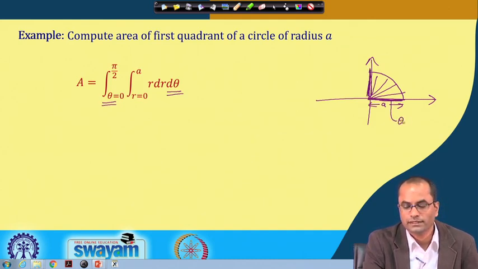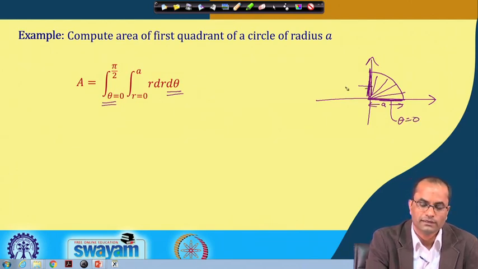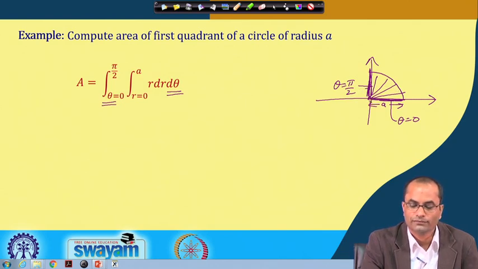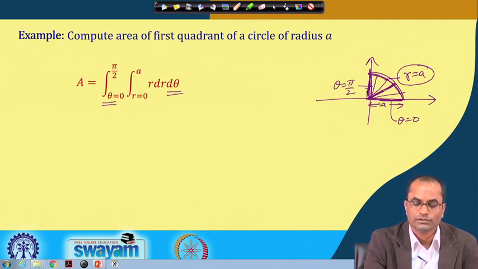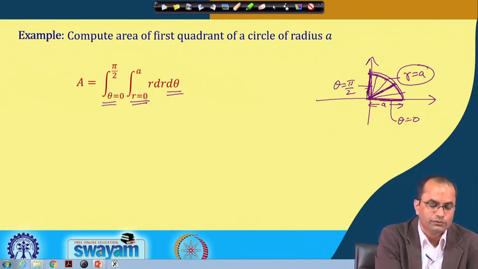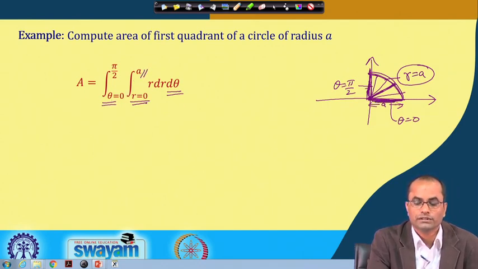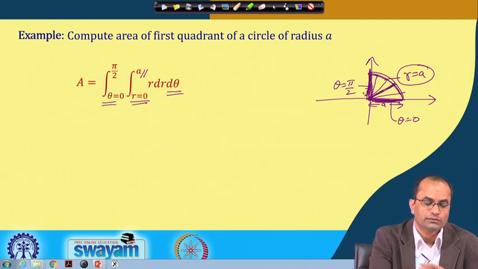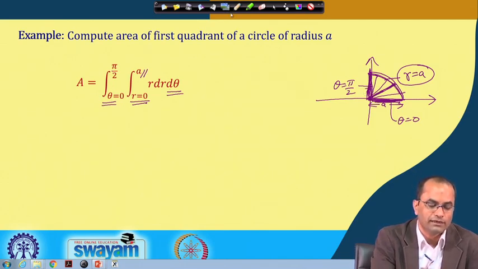At this line theta is 0, and when we reach this line theta is pi by 2, and r varies from 0, it starts from 0, up to this circle here, which is r equal to a. So, the limits of r will be from 0 to the circle r equal to a, and theta varies from 0 to pi by 2. So, we need to just evaluate this integral.